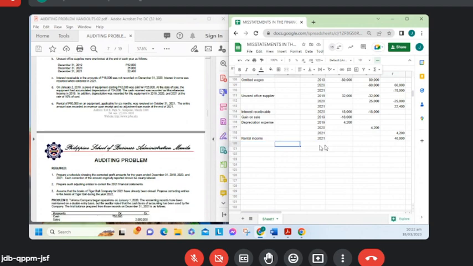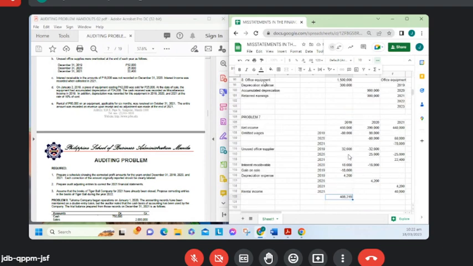So after analyzing the errors, okay, so here's the adjusted net income. Tama ba? Nasama in 2019.